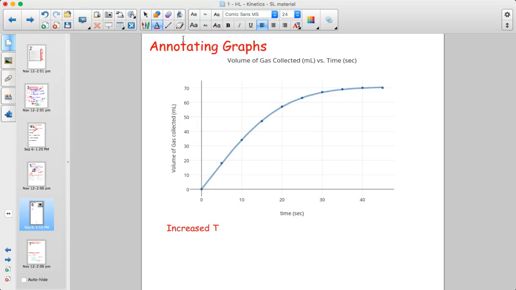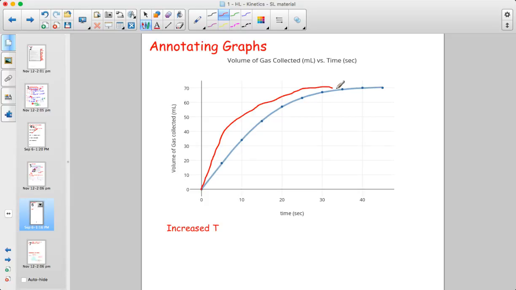Well, if you increase the temperature, it's going to go up more steeply at first, but you need to make sure that it ends at the same eventual height. So I'm doing my best with this. Okay, so increased temp has to be steeper at first for the faster reaction rate, but increasing temp doesn't affect the moles of limiting reactant, and therefore it should create the same amount of gas.